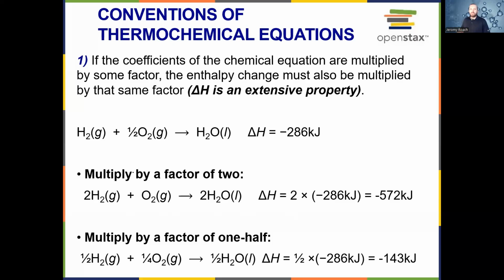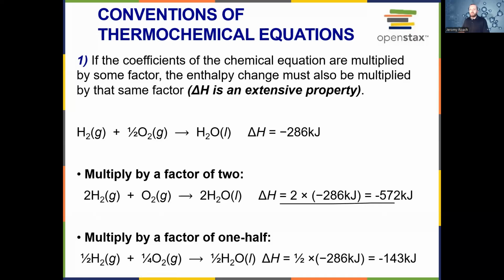All right, so here are some more conventions of thermochemical equations. We are allowed to multiply on both sides. We can multiply by a factor of 2 on both sides to keep an equation balanced. But when we multiply by a factor of 2, we end up with double the change in enthalpy.